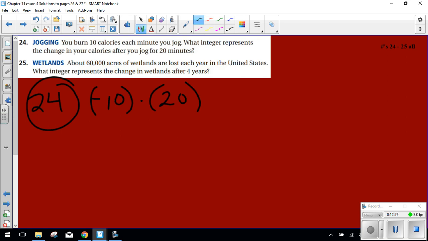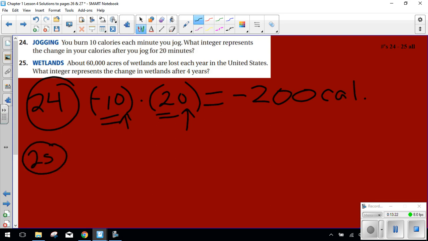So -10 times 20 is negative because the signs are different. 2 times 1 is 2. And I've got 2 zeros altogether, 200. So I will burn 200 calories in 20 minutes of jogging.